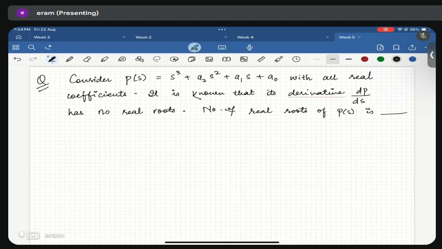You are given a third order polynomial and all the coefficients are real. For its derivative, you know that there are no real roots, and then you have to identify how many real roots are present for the polynomial p(s). The question is clear to all?